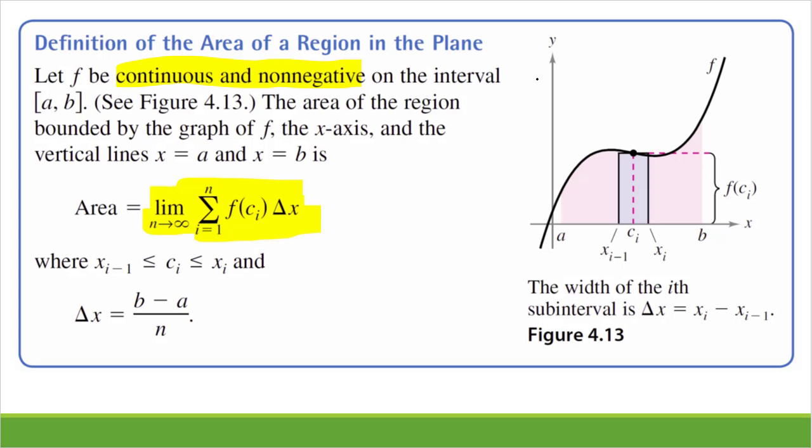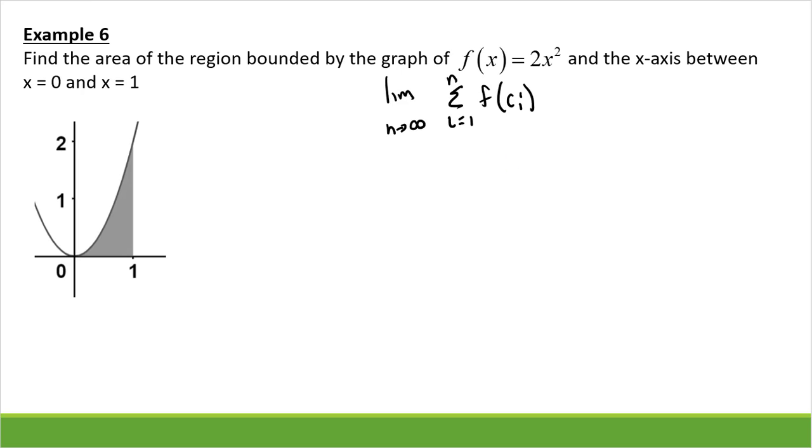My f of c sub i, well, that's really the limit as n goes to infinity of my summation of f of x, so that's 2 times c sub i, where c sub i is i over n, i times your delta x.